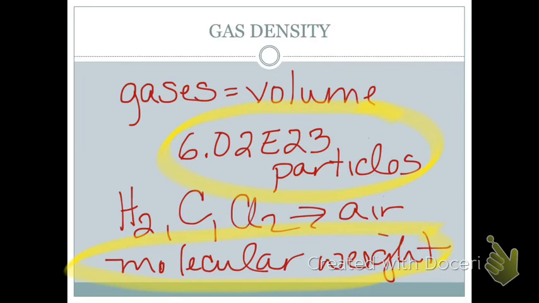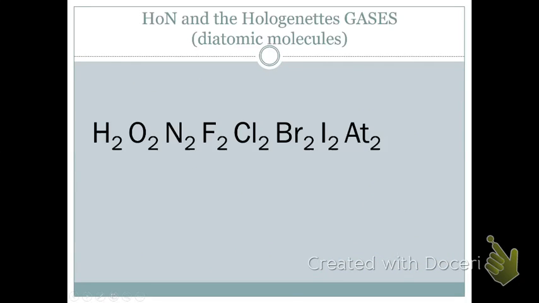Okay? All right, so let's look at this. First of all, most of your gases stand alone. If your gas was something like argon and krypton and helium and carbon, these things stand alone. But we do have that group of gases, which we all need to make sure we always remember, which we call Han and the halogenettes.